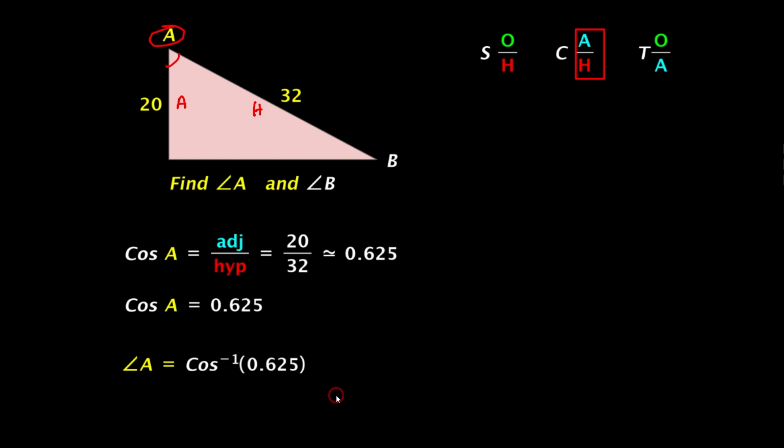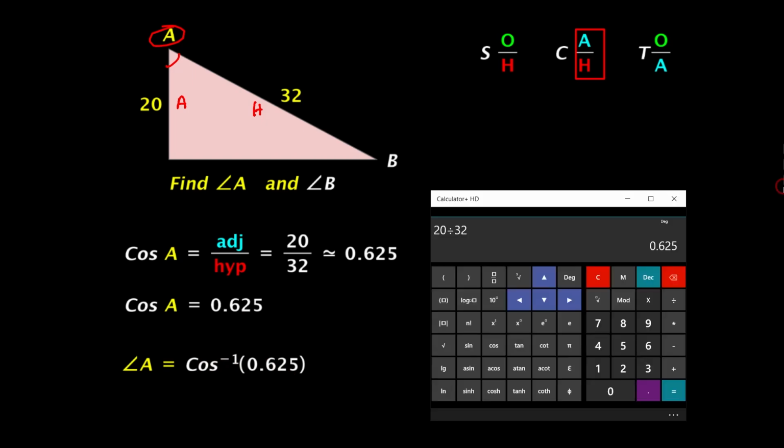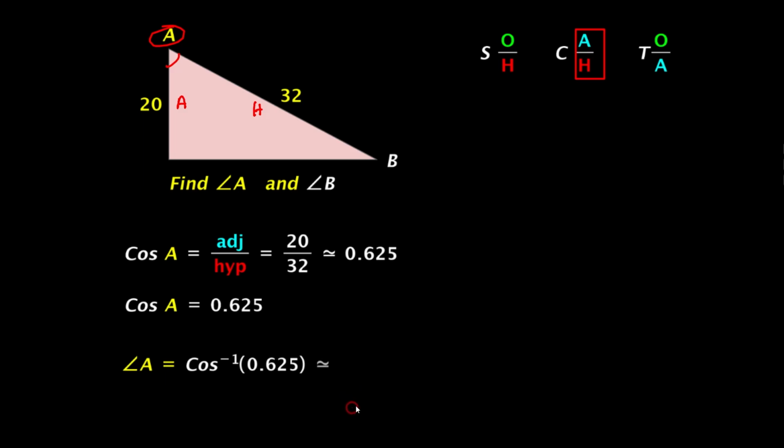And we find that value by the calculator. So cosine inverse is arc cos, and the value we are looking for is arc cos of 0.625, and the calculator gives us 51.3178. We just round it to 51.32 degrees. That's the answer for angle A.